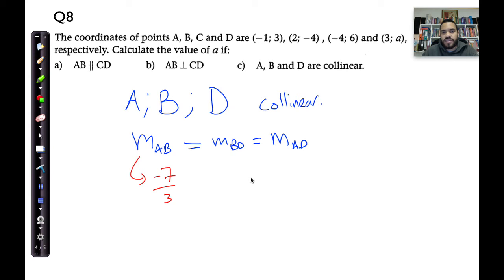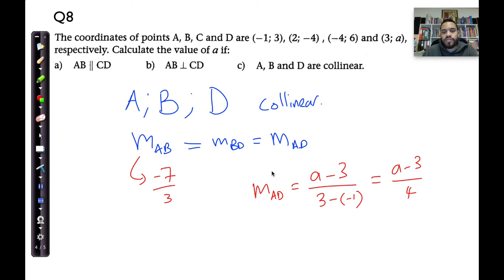So I'm going to find the gradient of MAD, which is equivalent to A minus 3 divided by 3 plus 1, which is equal to A minus 3 over 4.